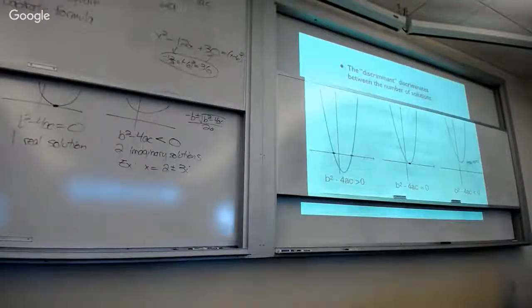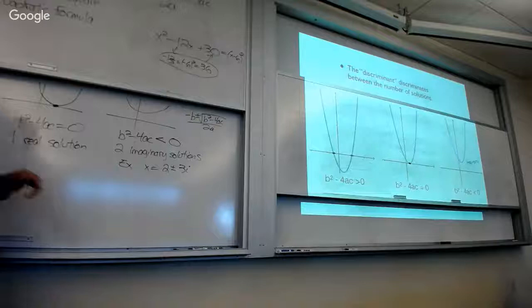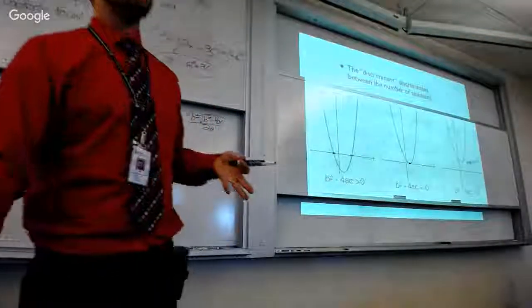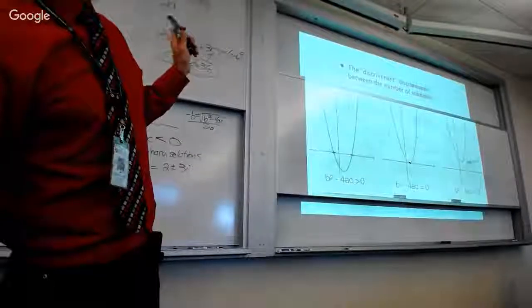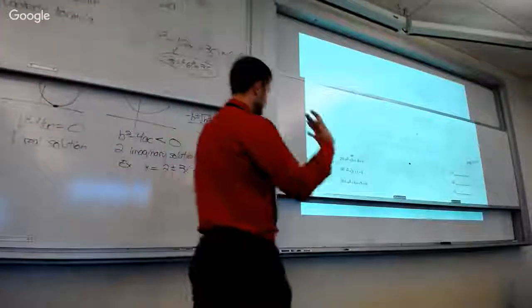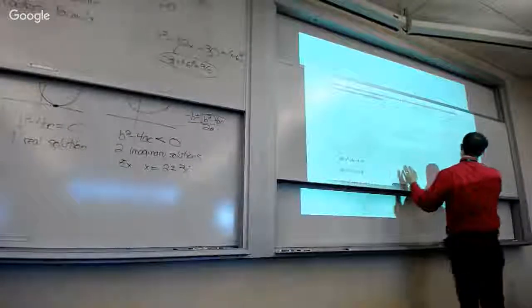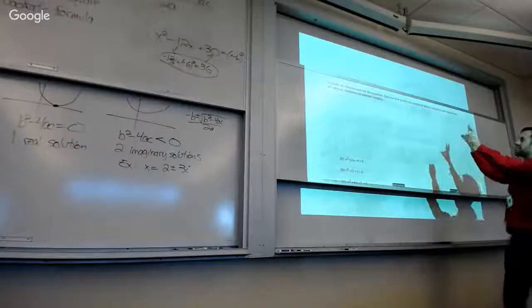So what do we call this thing, b squared minus 4ac? That's the determinant. The determinant is the b squared minus 4ac. It's the part of the quadratic formula that actually determines what type of solution you have. Okay, so everybody, you all just drew that information in right here.